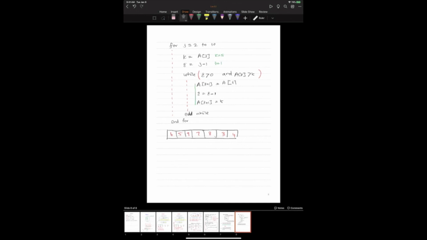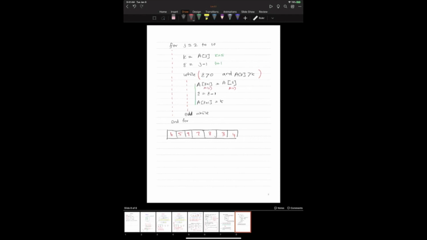A[I]. Thank you. So what I'm doing is taking A[I] and putting it at the I plus 1th location. Right now, since I is equal to 1, A[I] is A1. So I will take A1 and put it in A2.